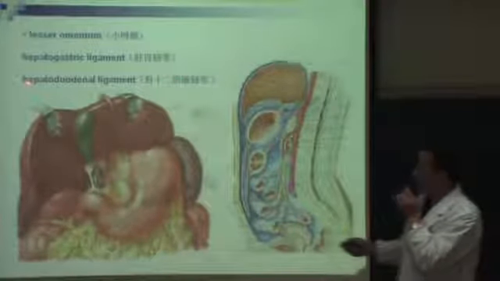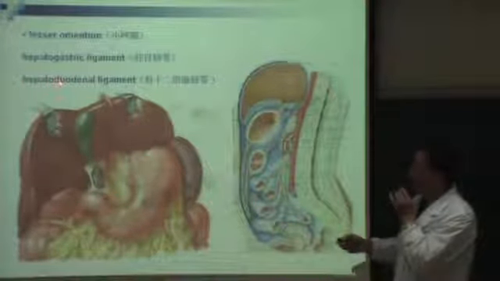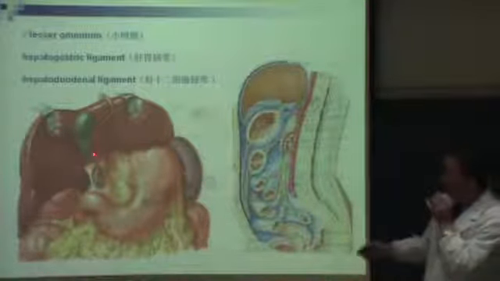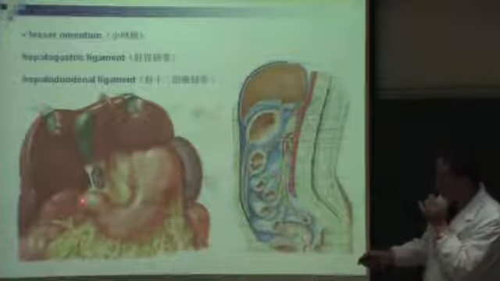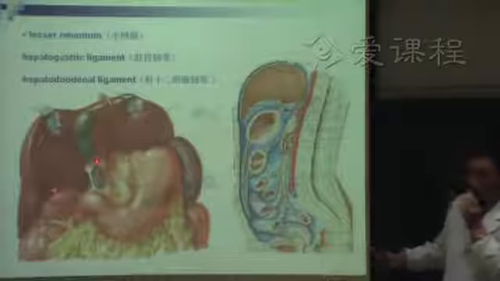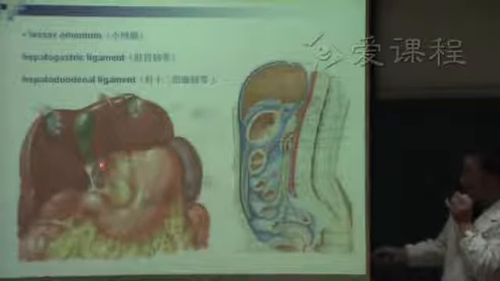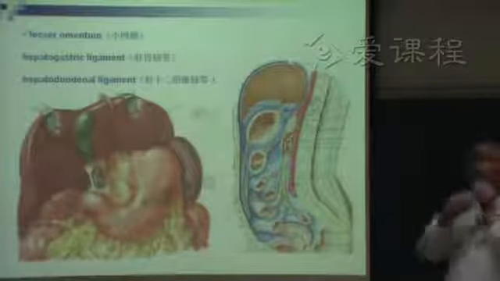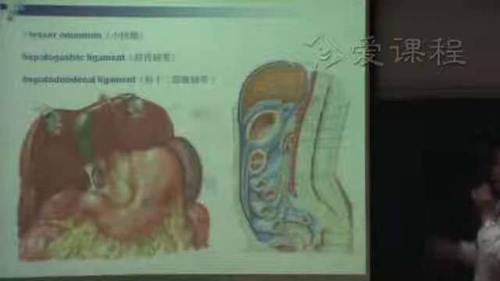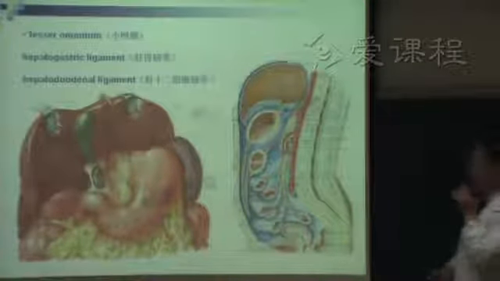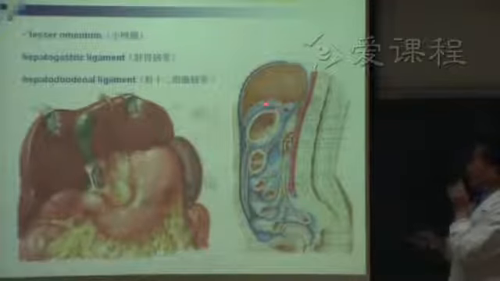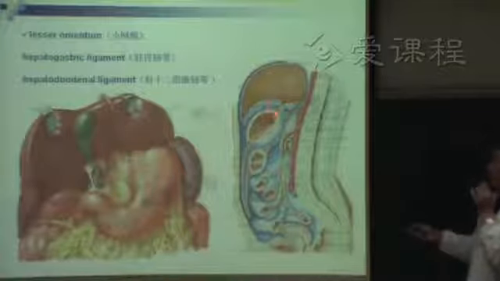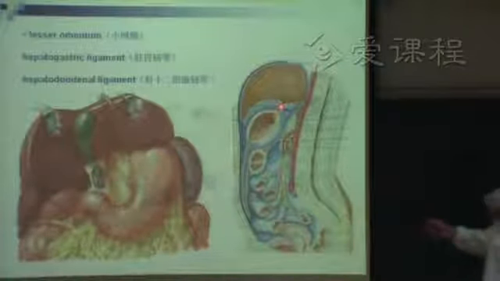And another is the hepatoduodenal ligament from the portal of the liver to the superior part of the duodenum. This part. And also, we can see the lesser omentum in the longitudinal sectioned picture. It's located here. This one, from the liver to the stomach.